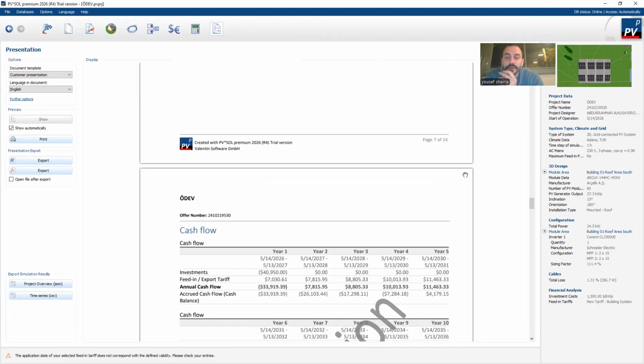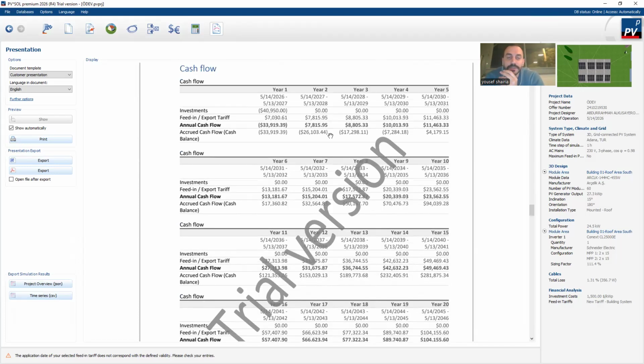Okay, now in the next page, number 8, let me walk you through the complete PV Sol output report. On page 8, you can see the detailed cash flow table for all 20 years, from the first year to 20 years. In year 1, there is a large negative cash flow of minus $33,919 due to the initial investments.